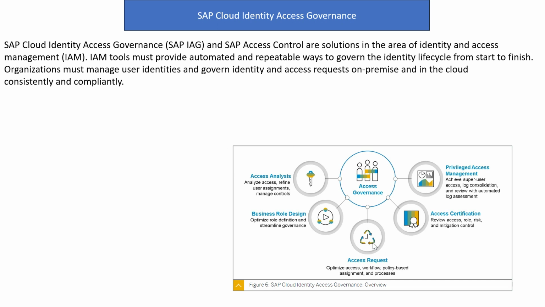But the functionality we have in GRC Access Control MSMP workflow, we don't have, though we still have workflow here. We have predefined workflow templates, and using those templates we can configure the workflow in access request of SAP Cloud IAG. Got it? Any queries here?